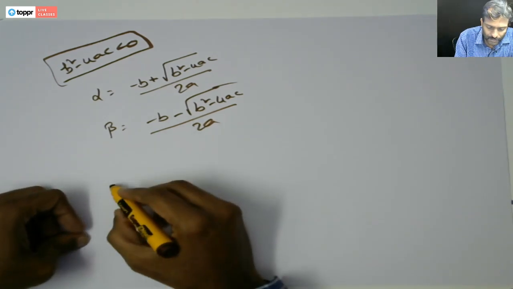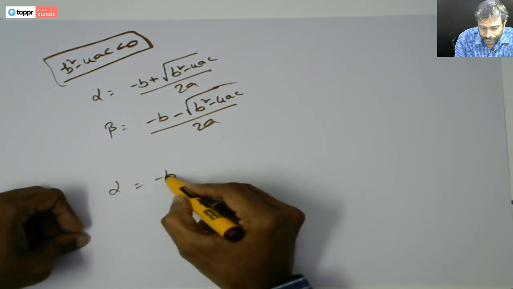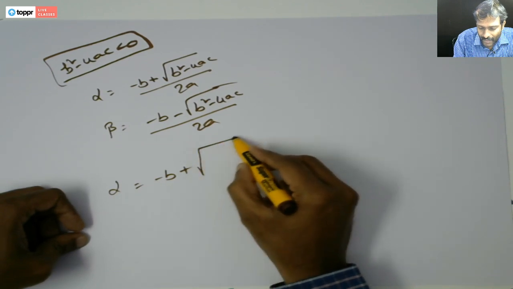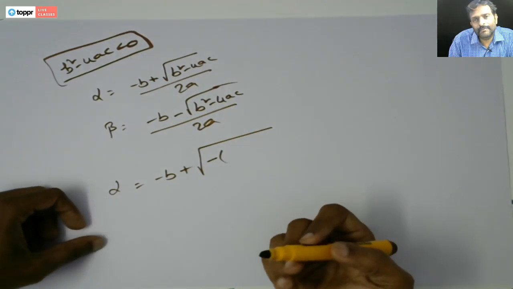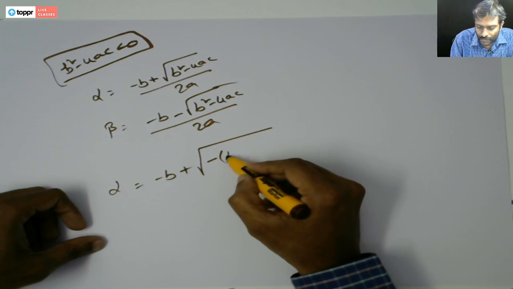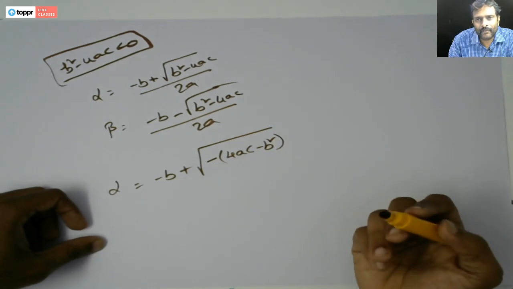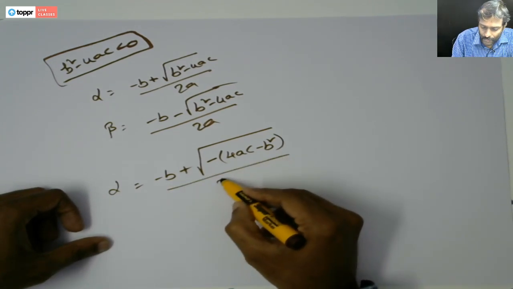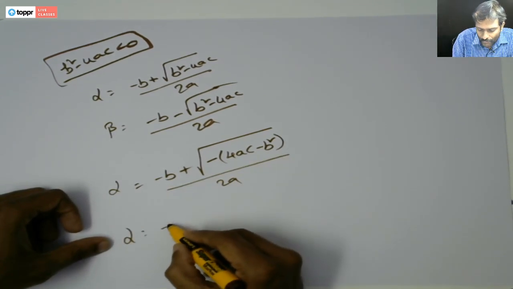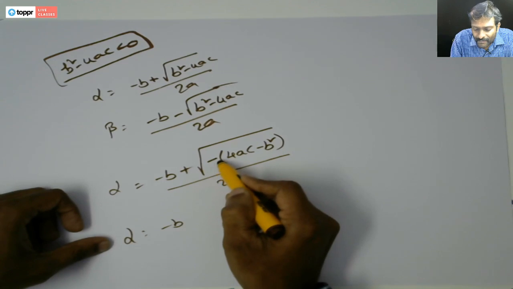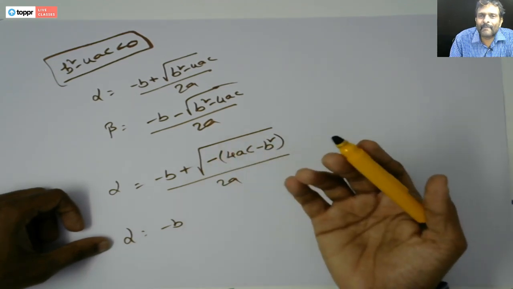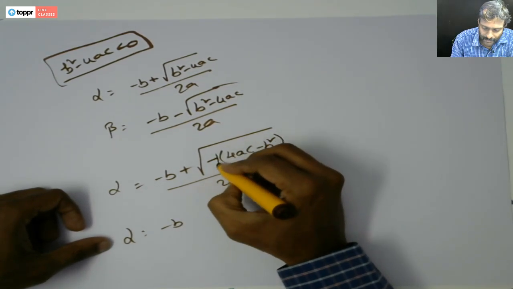So to make it a positive number, to find the square root, I take minus common from the alpha. Then this would be equal to 4ac minus b square, right? So by 2a, then alpha will be equal to minus b. When I bring this minus, it is nothing but minus 1, right? I can write this as minus 1 as well.